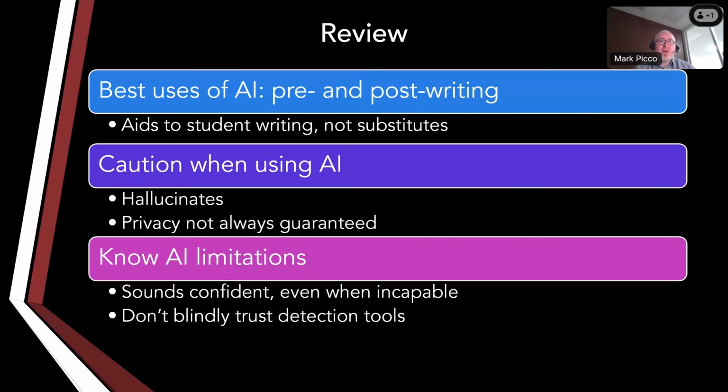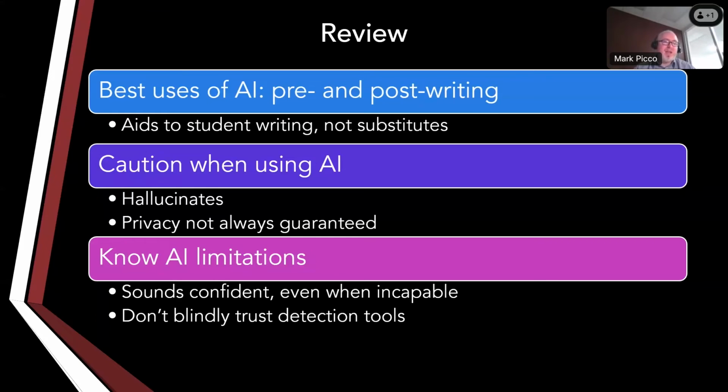And you should also, as instructors, communicate to your students that AI will sound confident even when what you've asked it to do is incapable. And as instructors, if you're using detection tools, it doesn't matter if it's AI detection or plagiarism detection, you don't just trust what it says as being the truth.